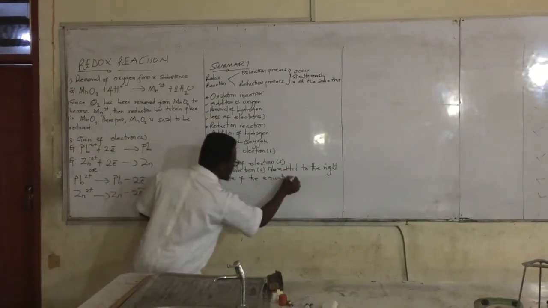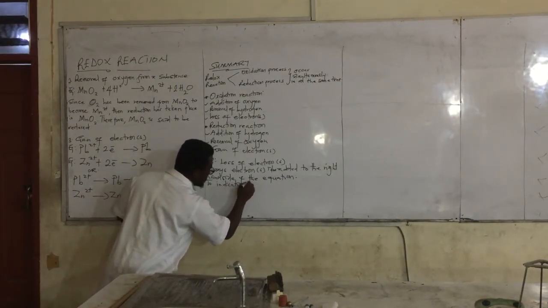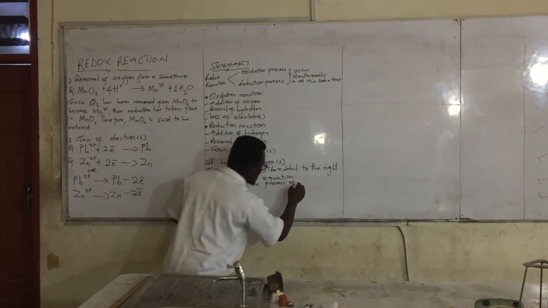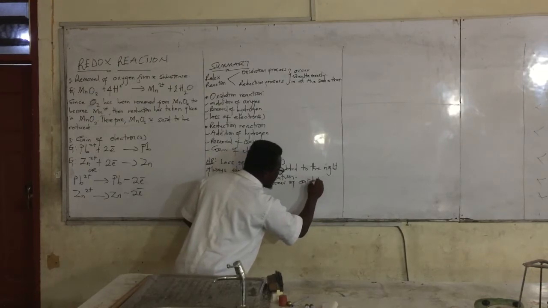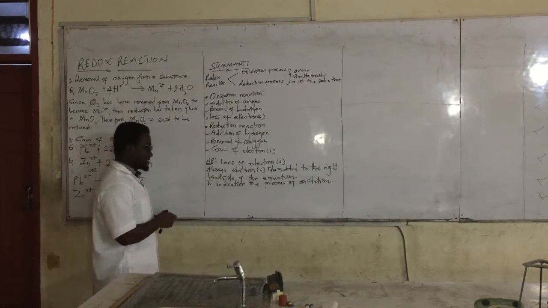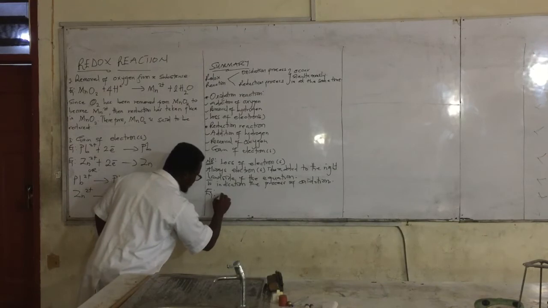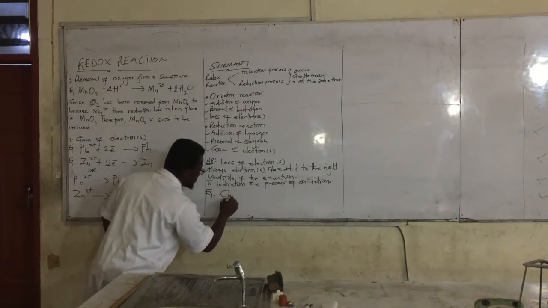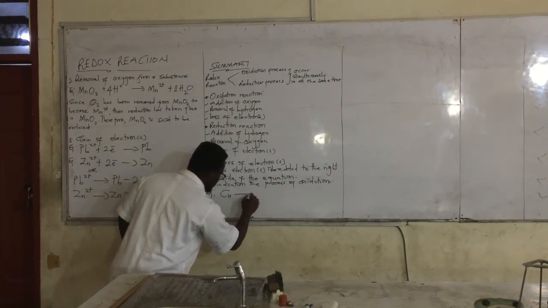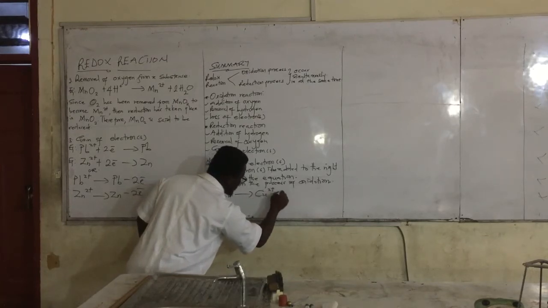So this will help us indicate that this process is oxidation. So for example, we have Cu to produce Cu2 plus.